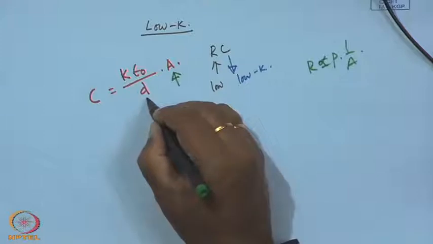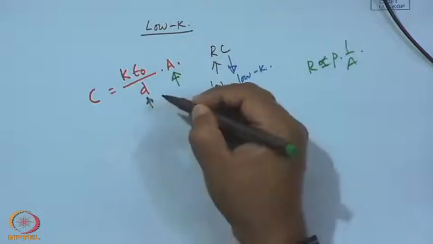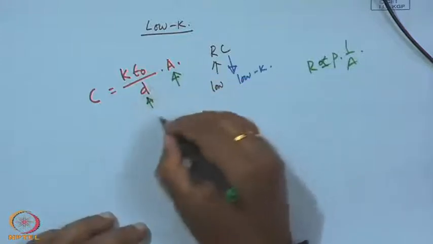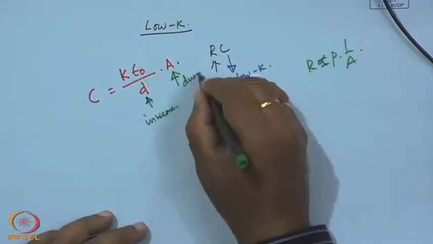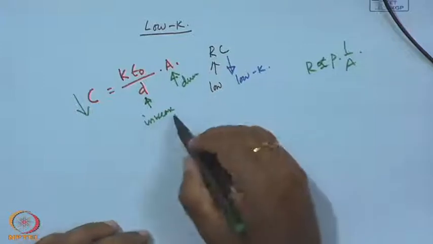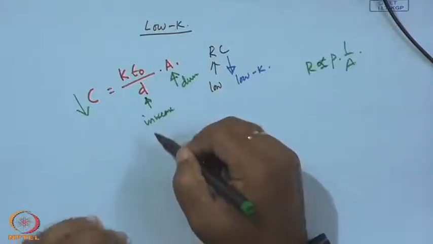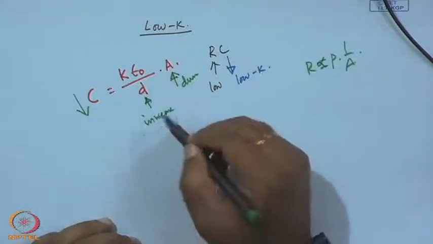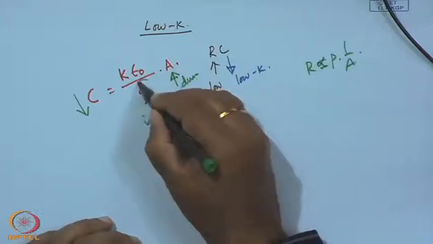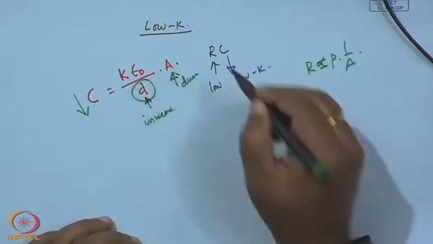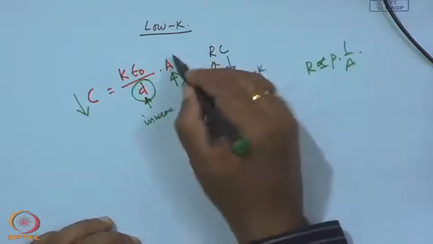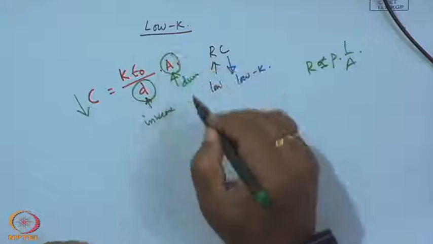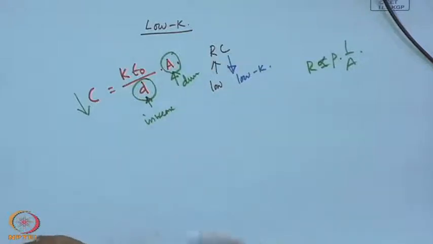If you increase d, because we want to decrease C, then what will happen? Gap filling will be very difficult. So, we cannot take d as any value, and also A has the constraint that interconnect resistance will increase if you reduce A.